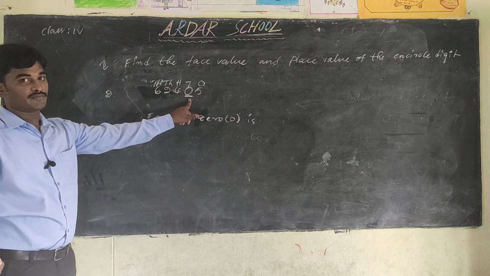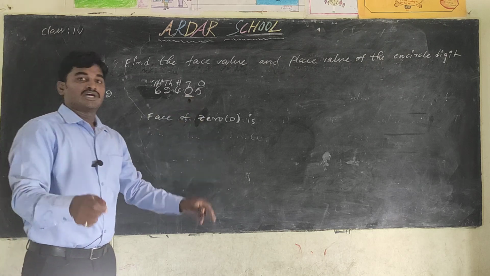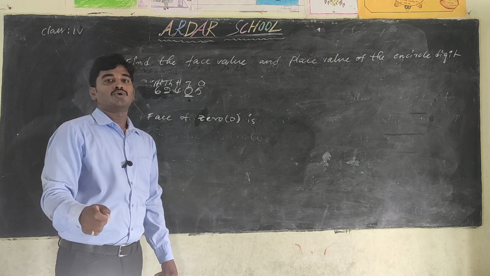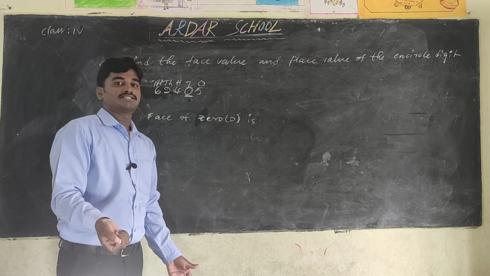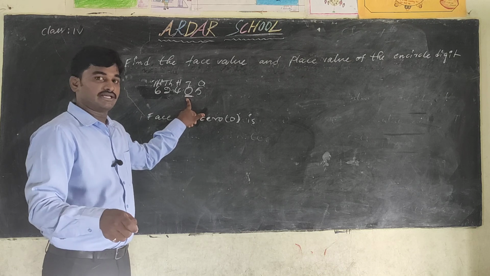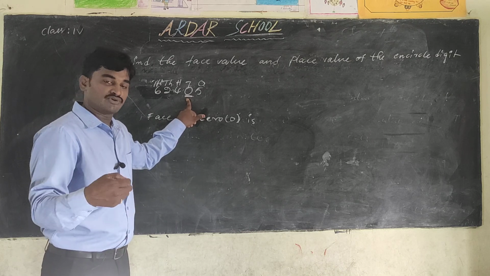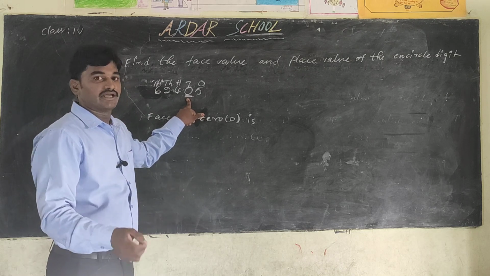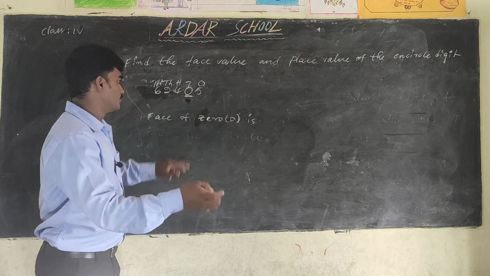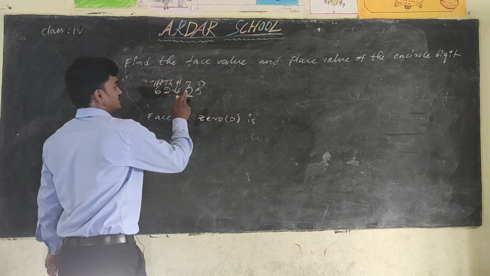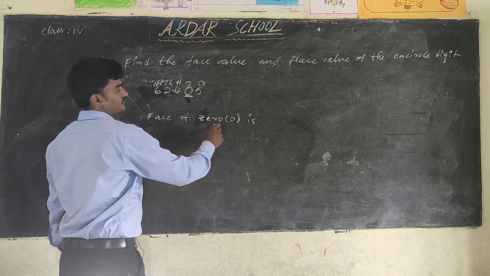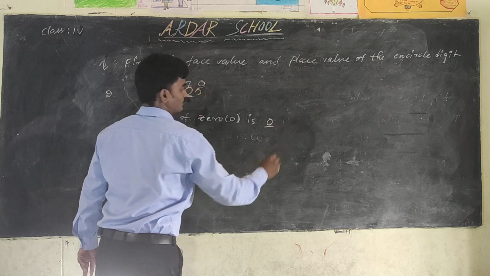The face value and place value of the 0 are also 0, because whatever place it may be, the face value of the 0 is 0. See, 0 is in tens place, but the face value of the 0 is 0.